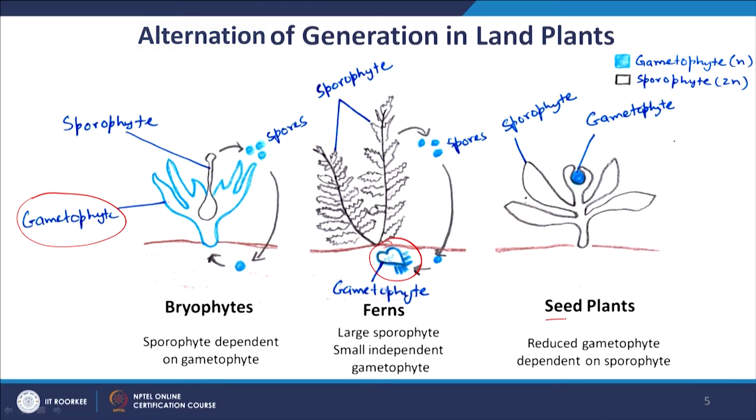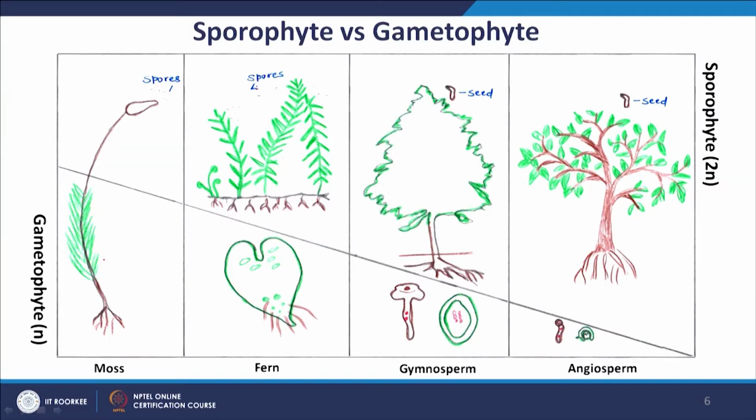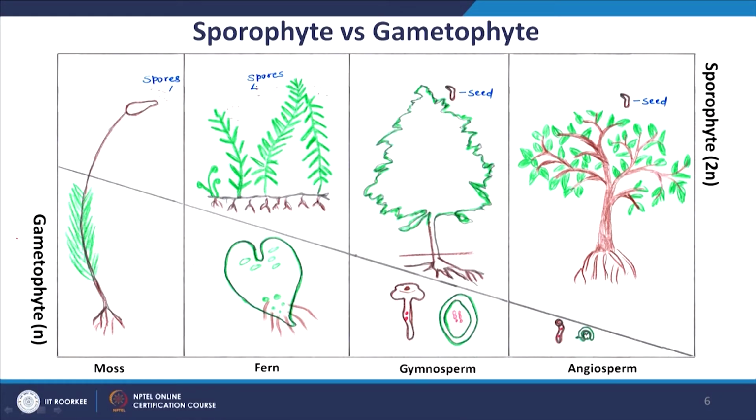In seed plants, which include Gymnosperms and Angiosperms, there is a reduced gametophyte, which is dependent on the large sporophyte. So during evolution, if you look at the duration of the life cycle between sporophytic and gametophytic stages, mosses have a longer gametophytic and shorter sporophytic duration, whereas across ferns, Gymnosperms and Angiosperms, the gametophytic stages get restricted and the sporophytic stages get expanded.